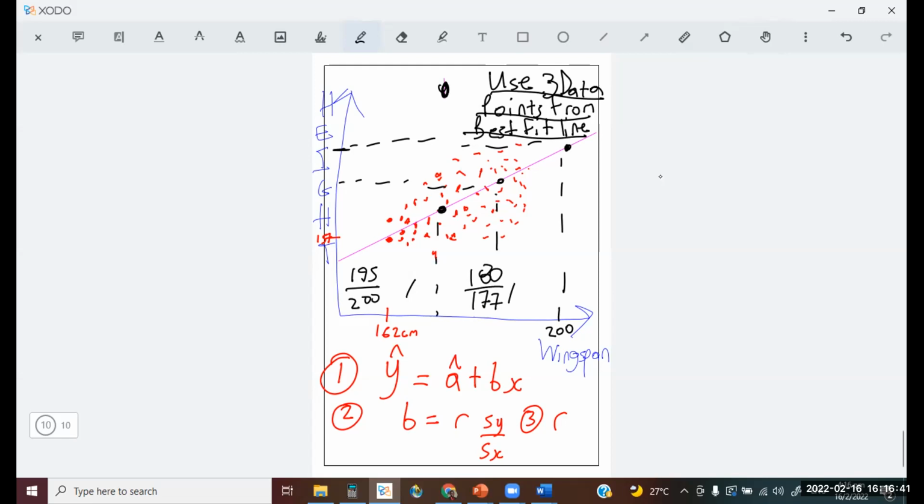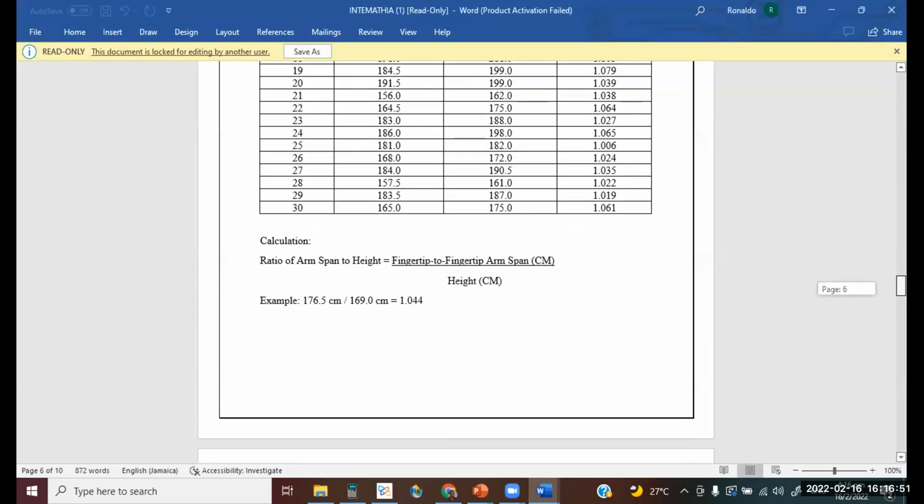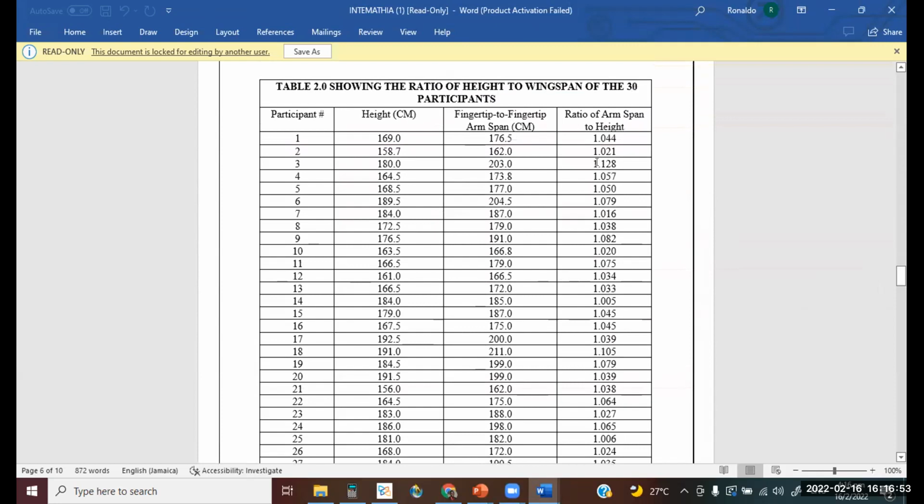Just use some data points that are not from your sample points. Sample points are the actual data you have. I want you to then use your line of best fit to pick X values to find the corresponding Y values. You get what I'm saying? After you use that, you're going to disprove that it is one-to-one. All right?